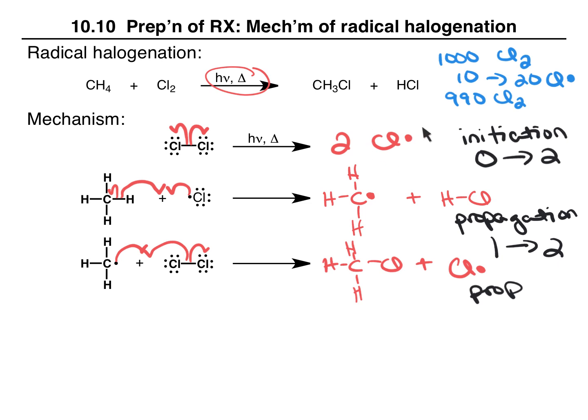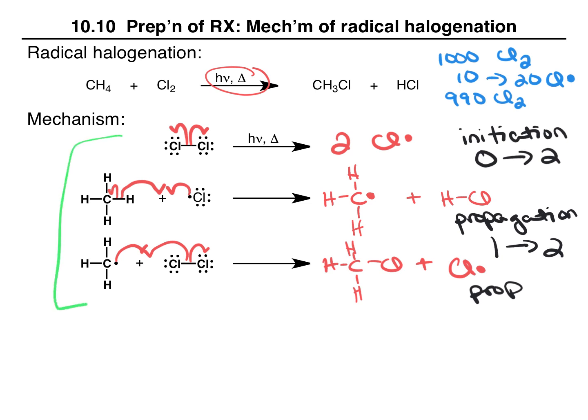So, when one of these chlorine radicals bumps into a molecule of methane, we get the methane radical. Is the methane radical likely to bump into one of these 20 chlorine radicals, or is it more likely to bump into one of these 990 molecules of chlorine? It's much more likely to bump into a molecule of chlorine rather than a chlorine radical.